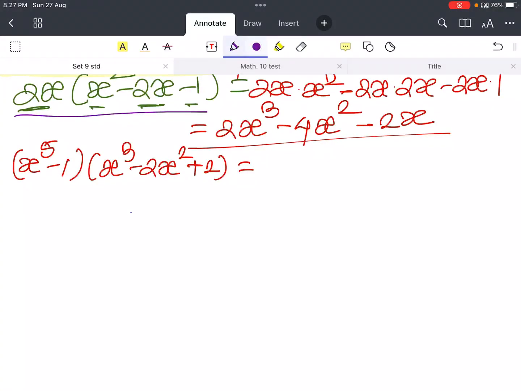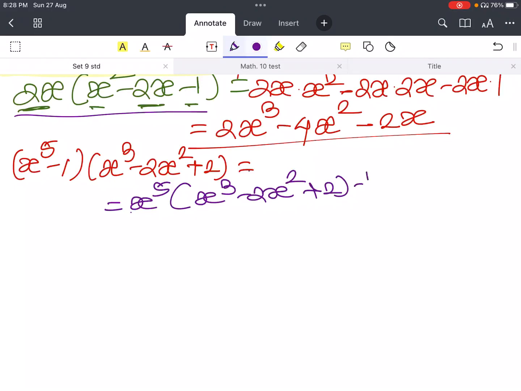So first write down x raised to 5. We will write it here. x raised to 5 into bracket x cube minus 2x square plus 2. Clear?